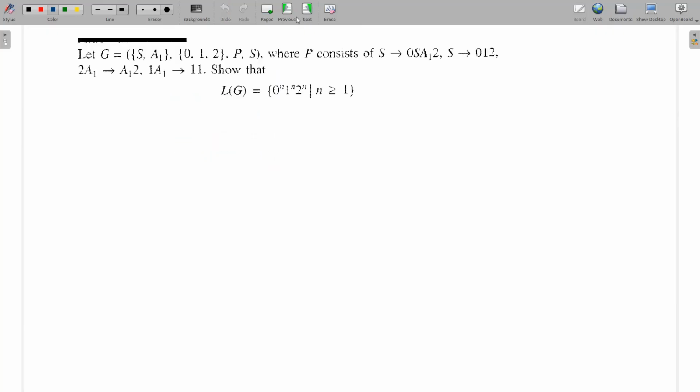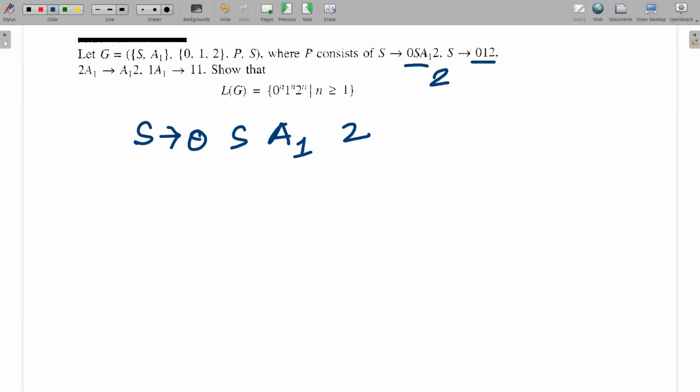Now, there is a question which is given to us. A grammar is given to us, and we have to prove that this grammar actually belongs to this language. So clearly, S is given as S generating 0 A1 2, and S generating 012 is the terminating rule. So we have to prove it.